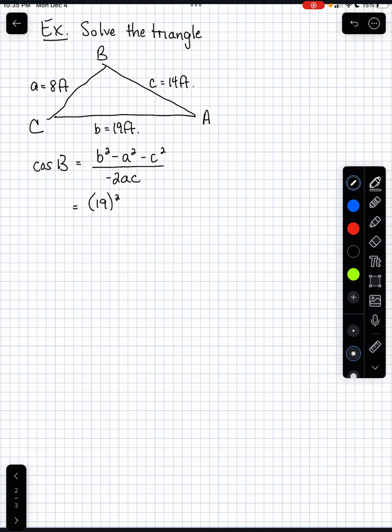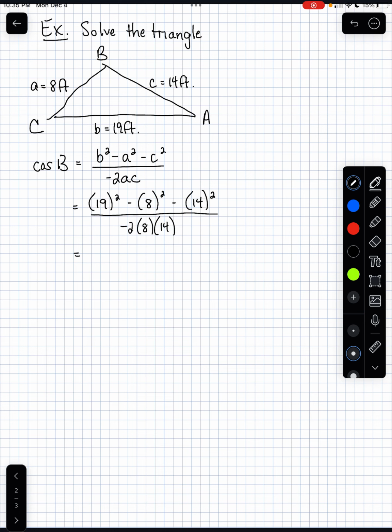Side B is 19, so we have 19 squared, minus side A squared, which is 8 squared, minus side C squared, where C is 14, over negative 2 times the length of side A, 8, times the length of side C, 14.